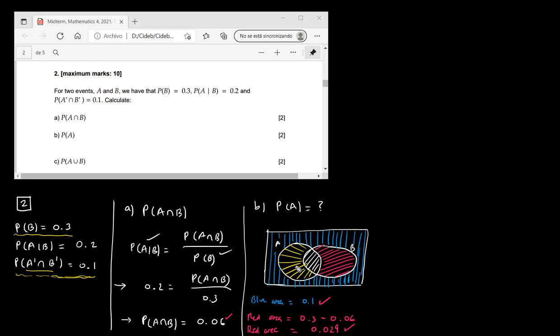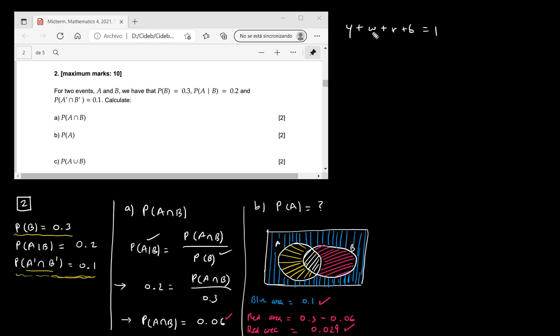Now I can calculate this yellow area. Why? Because the sum of all of these areas should be equal to 1, because they fill the whole rectangle. I'm going to make that explicit over here. So the yellow area plus the white area plus the red area plus the blue area should be equal to 1.